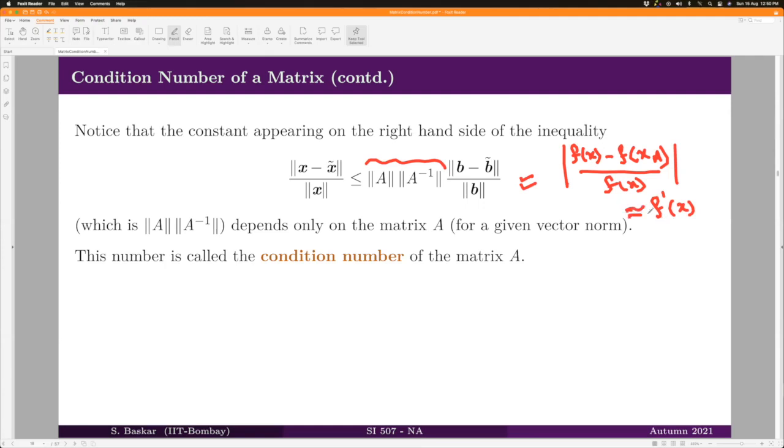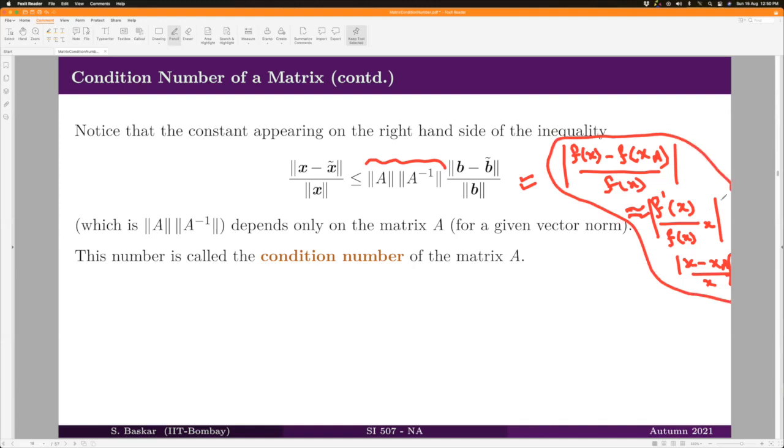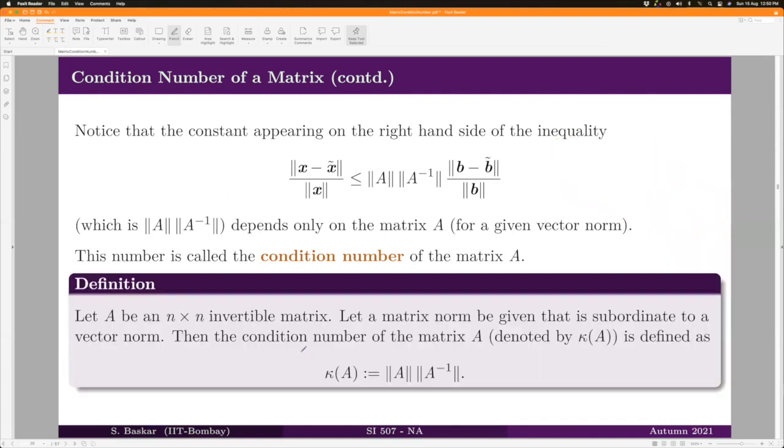Therefore, it should be approximately equal to x f dash of x divided by f of x into modulus of x minus x a by x, right? That is what we obtained in our initial calculations. And from there, we got the motivation to define this quantity as the condition number of the function. The same idea is also going through in this case, and we define the number norm A into norm A inverse as the condition number of the matrix A.